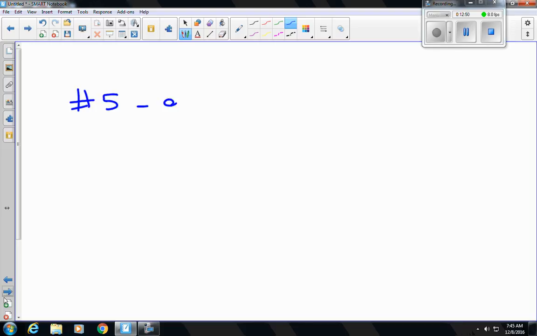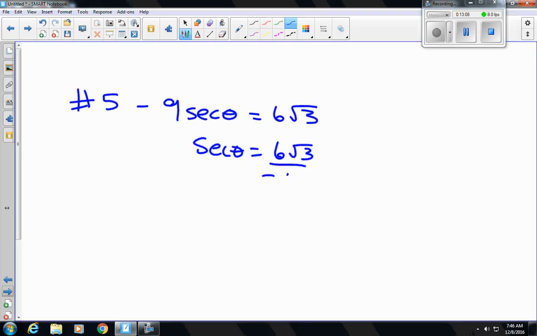All right, so this is negative 9 secant of theta is equal to 6 root 3. Okay, what's the first step? So secant of theta is equal to 6 root 3 over negative 9.